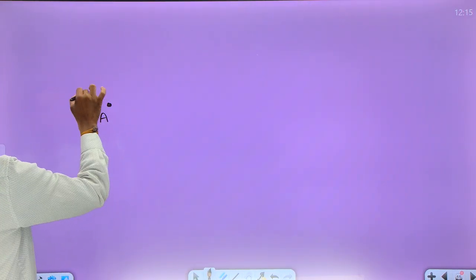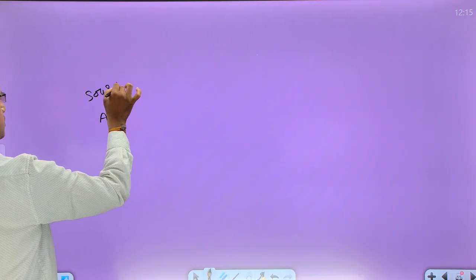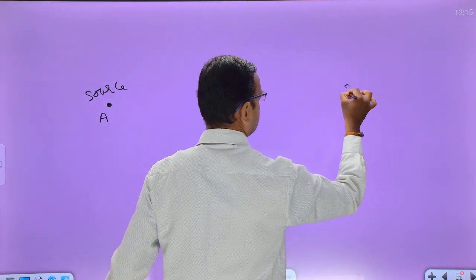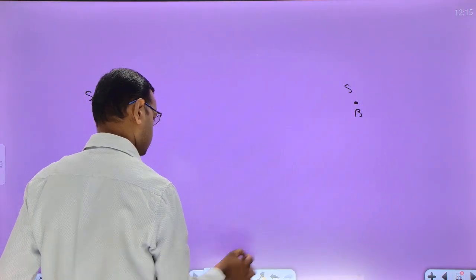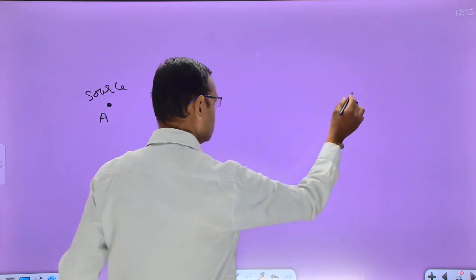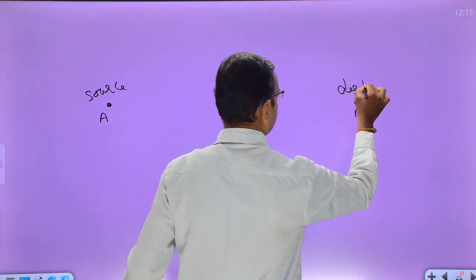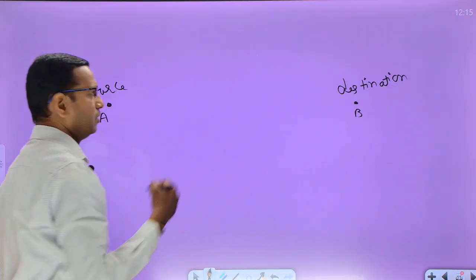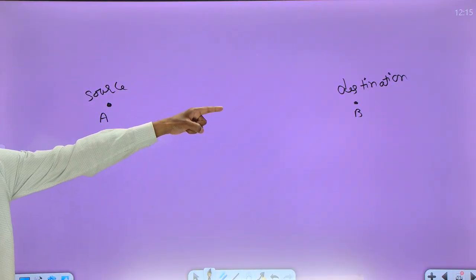Let us say this is point A, which is the source or the initial point, and there is some point B here, which is the destination. Source and destination are present at a far distance. From source, I want to move to destination.